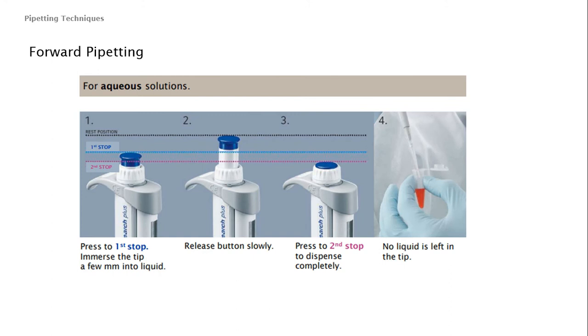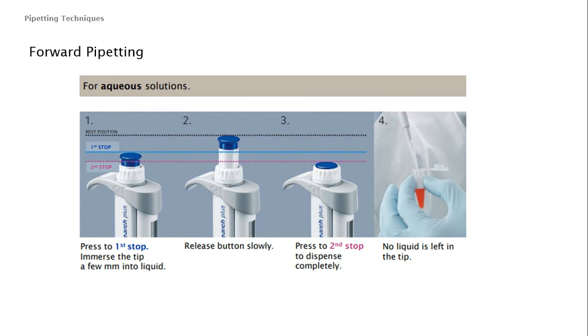So forward pipetting. This procedure is recommended for aqueous solutions. Please do not use it for viscous solutions. So how to do it? If you press your pipette, usually it has two steps. The first step you can try, and the second step is the full press of the button.